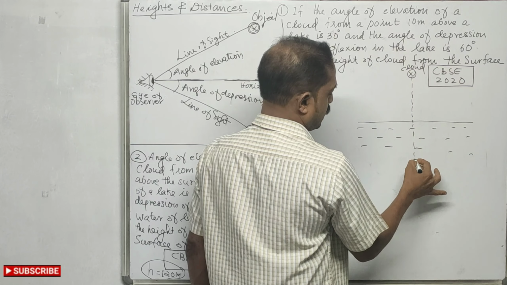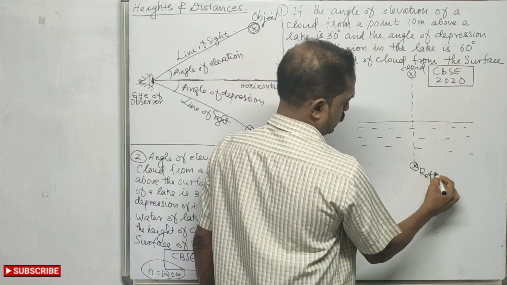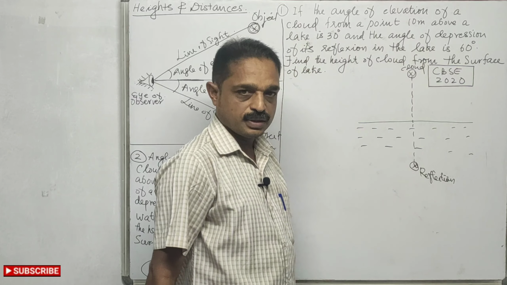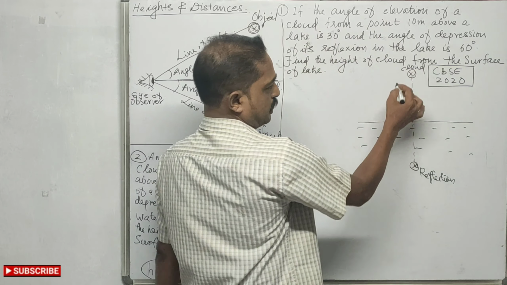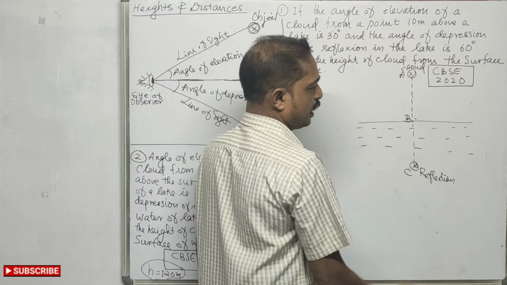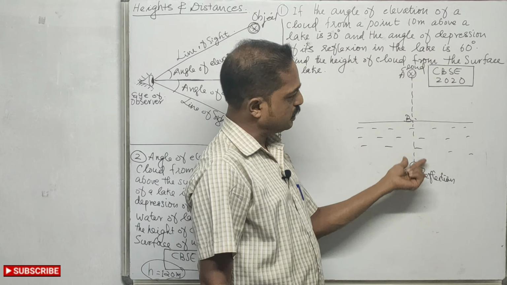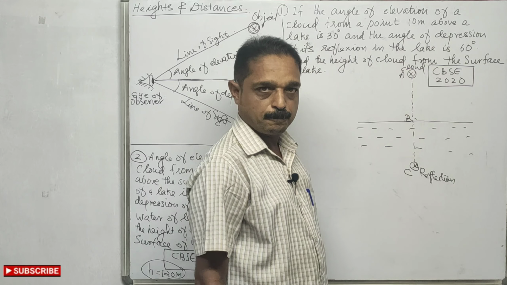And the reflection of the cloud in the water, let this be the reflection of the cloud. Let us assume these three points as A, B and C. If this is the cloud and this is the reflection of the cloud in the water, we know that AB must be equal to BC.